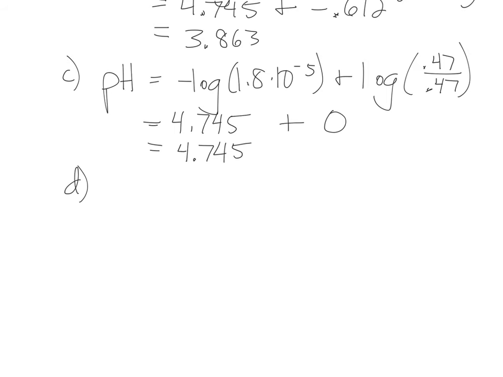Part D. Now we have a weak base. We don't have the Ka value, but for any conjugate acid-base pair, we know that Ka times Kb is equal to Kw.